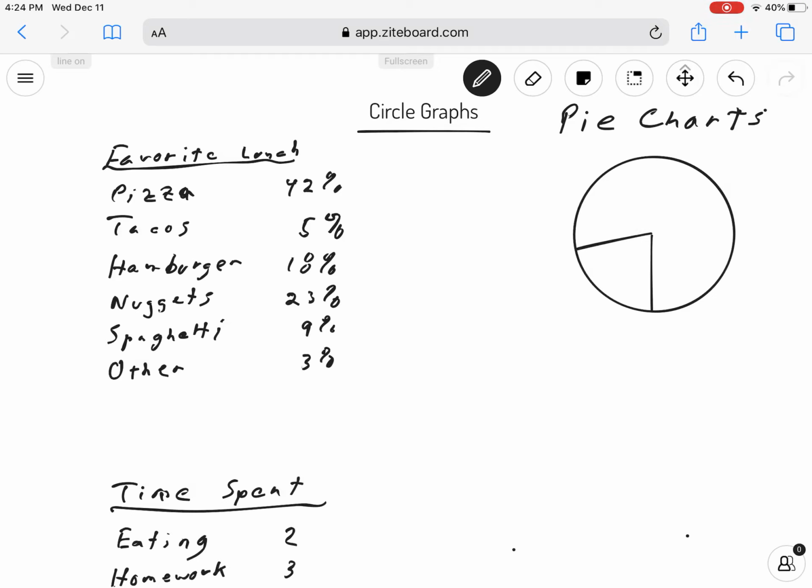Okay. And then I have pizza at 42%. Well, straight up would be 50, so probably over here. And then we have hamburger, would be about a fifth of it.